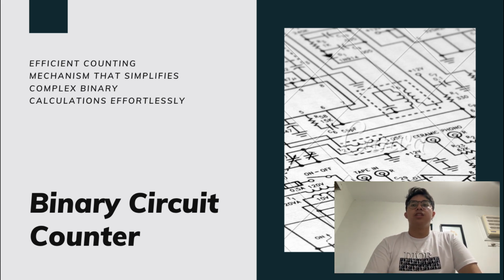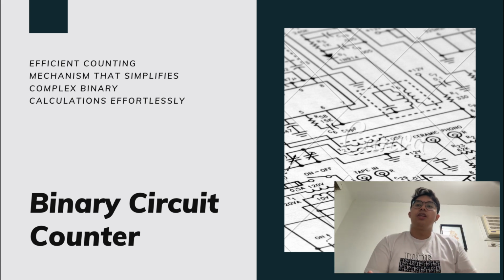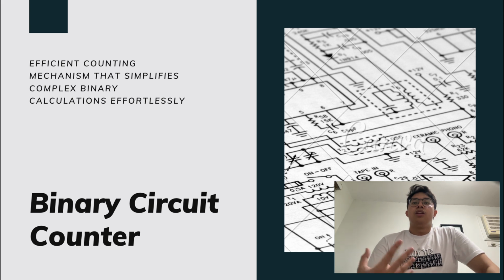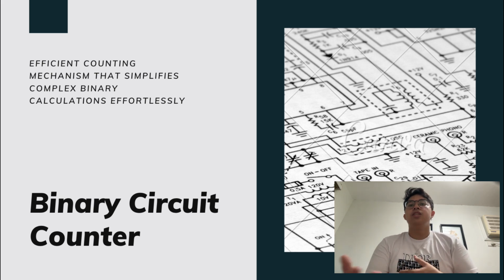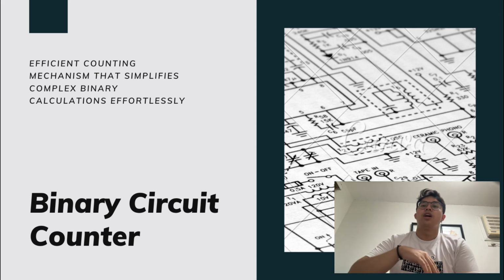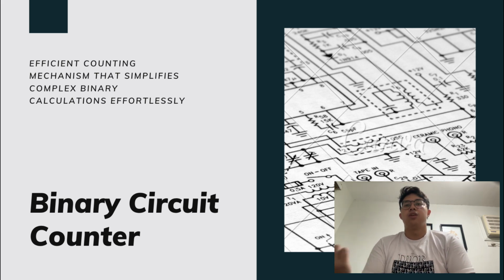This counter's efficiency lies in its ability to seamlessly increment and decrement binary numbers, streamlining the counting process without irritating manual intervention. Its sequential design, typically constructed using flip-flops and logic gates, ensures smooth progression through binary values.